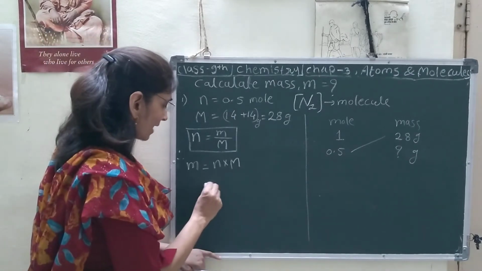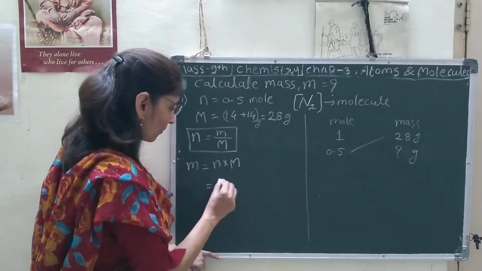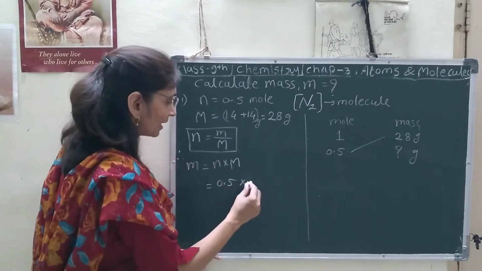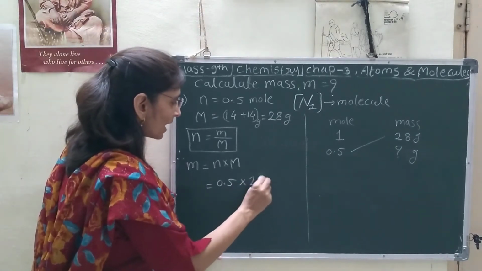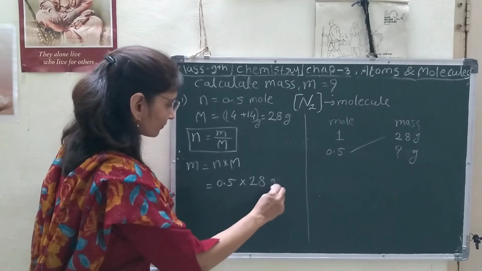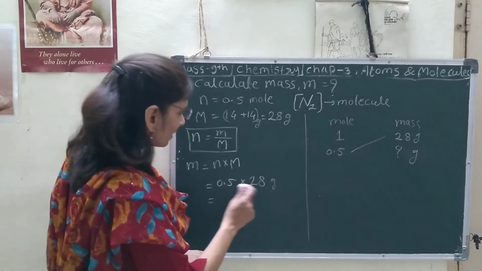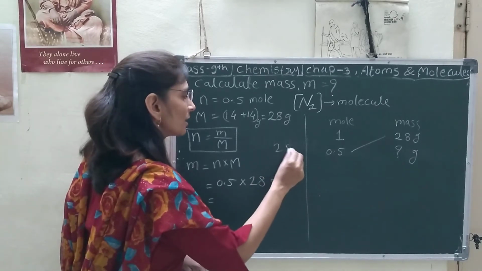So we can put the values: n is given as 0.5, and capital M we have calculated, that is 28. What will be the calculation here? 28 into 5 we can do here also.